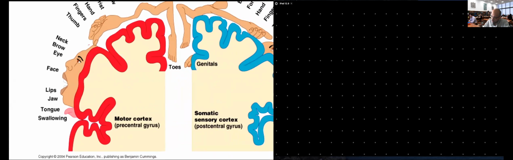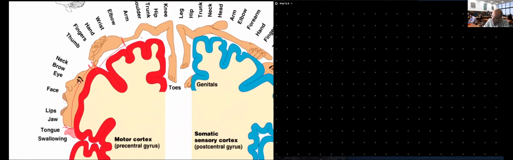See, I have a very large representation, for example, of my face, a large representation of my fingers and hand, much less representation of my back, and relatively smaller representation of my toes compared to my fingers. Something that you can notice on here.